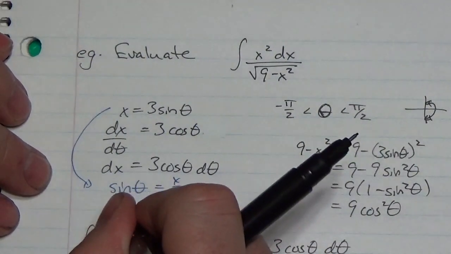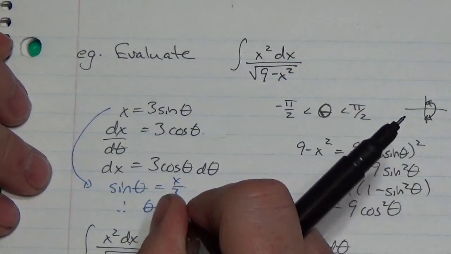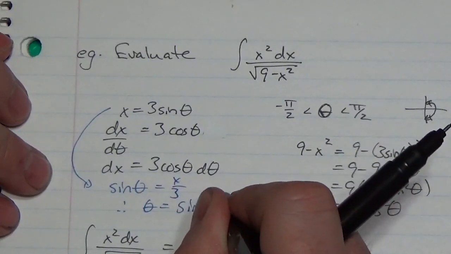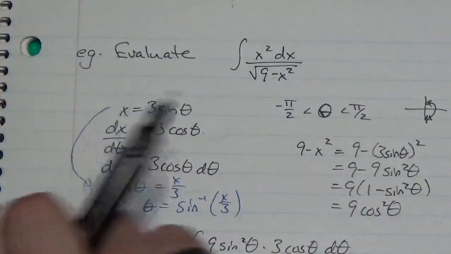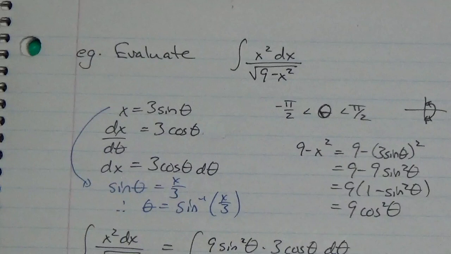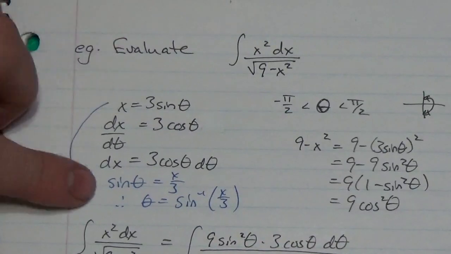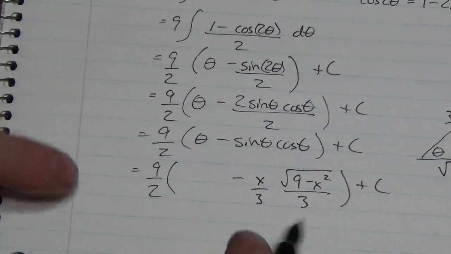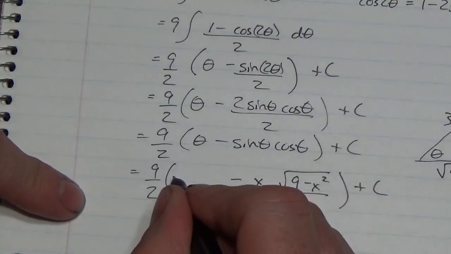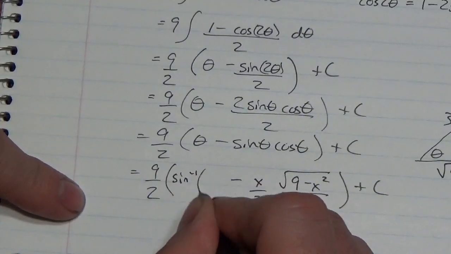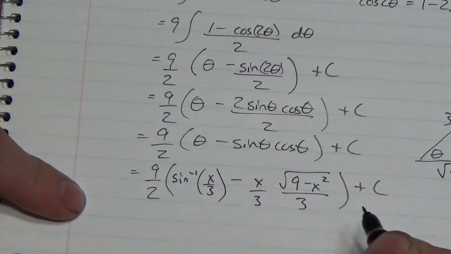And therefore, as a result, theta is the inverse sine of x over 3. That's what theta is. So, again, I'm doing this question so that you can see this, that you get prepared for that. Okay, that means that that theta right there gets replaced with the inverse sine of x over 3.